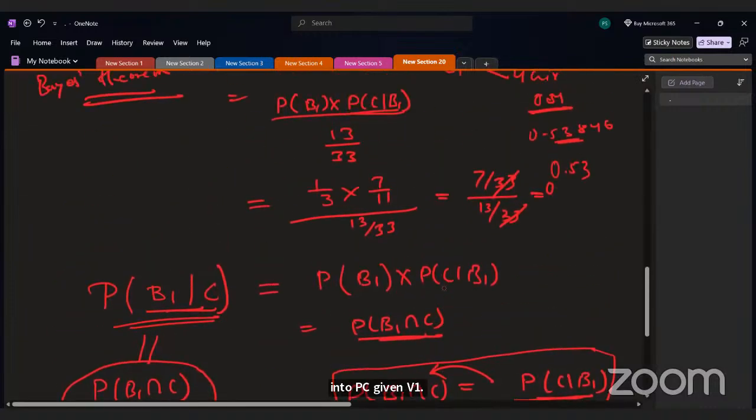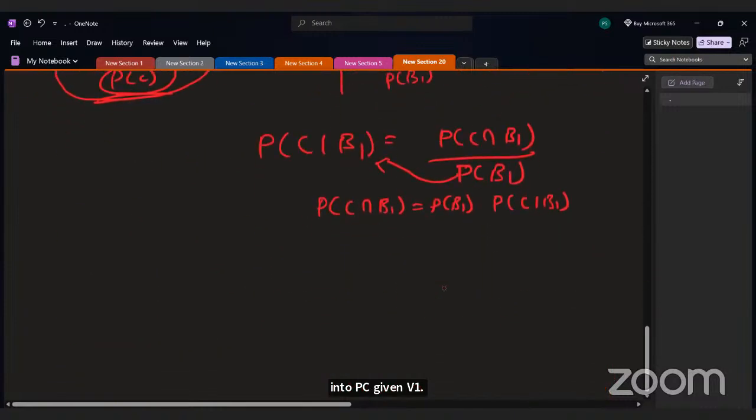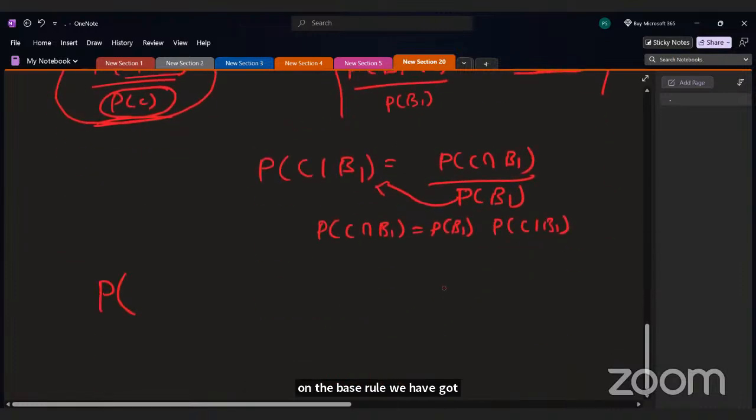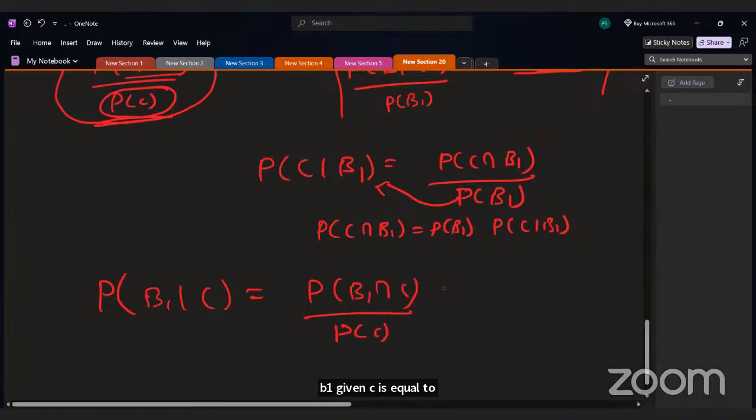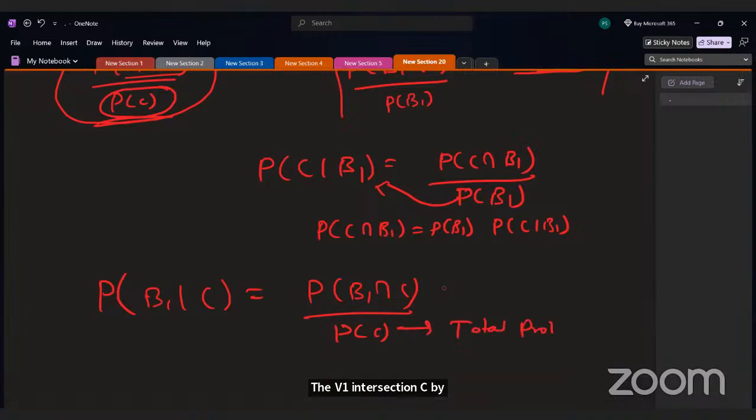We expanded this. From the Bayes rule, we have got P(B1 given C) equal to P(B1 intersection C) by P(C). In the denominator, we use the law of total probability. For the numerator, we use this formula and put in this value: P(B1) into P(C given B1).